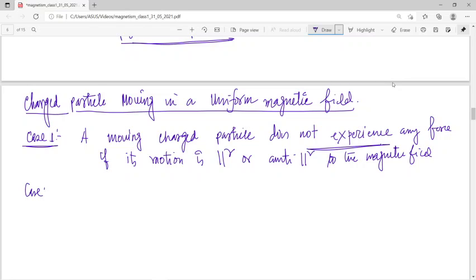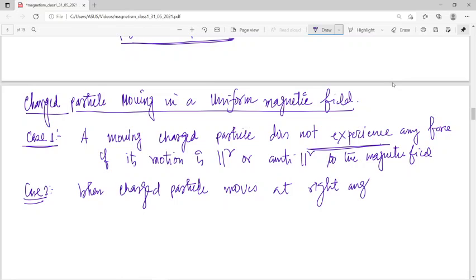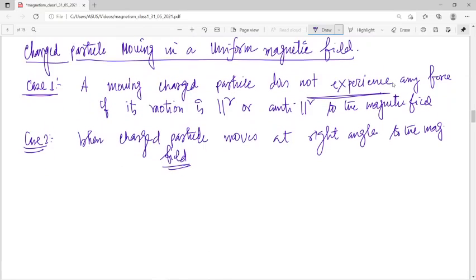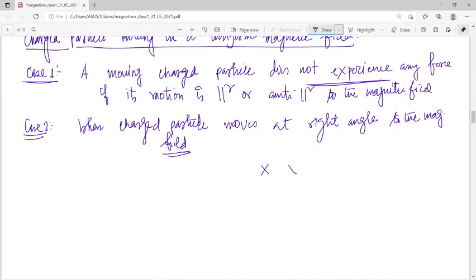so we will not get any force. But case 2 is important: when the charged particle moves at right angle to the magnetic field, that you have to find. In that particular case, the magnetic field is perpendicular.